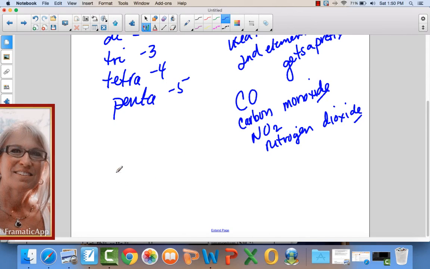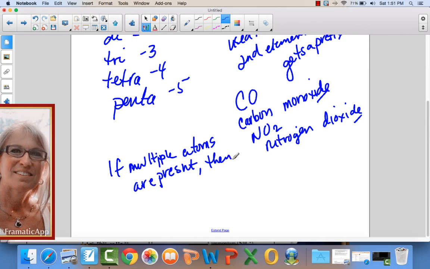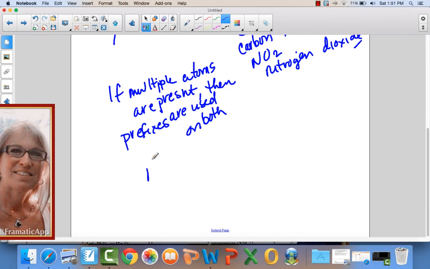Now, if multiple atoms are present, then prefixes are used on both. So, for example, I have 2, so that's diphosphorus.